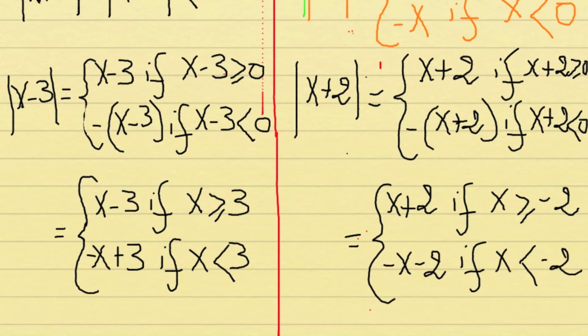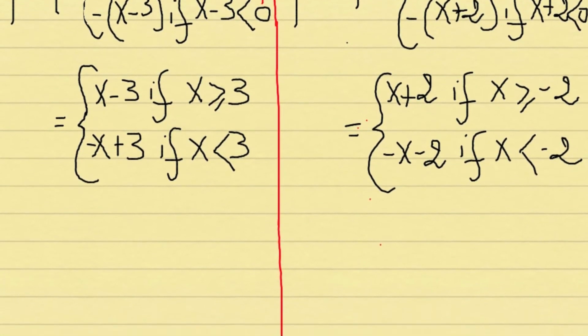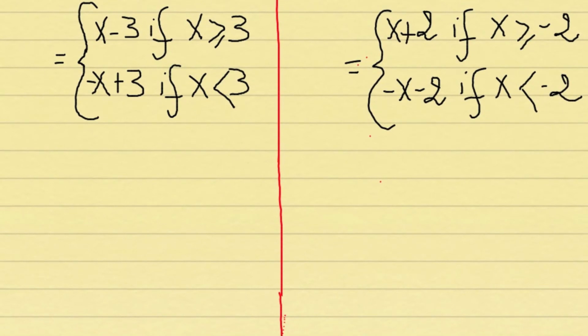As you see, we have 3 cases to discuss in this problem. The first case is if x is less than negative 2. The second case, if x is between negative 2 and 3. And the third case is if x is bigger than or equal to 3.